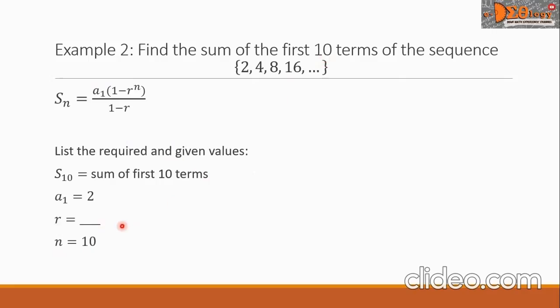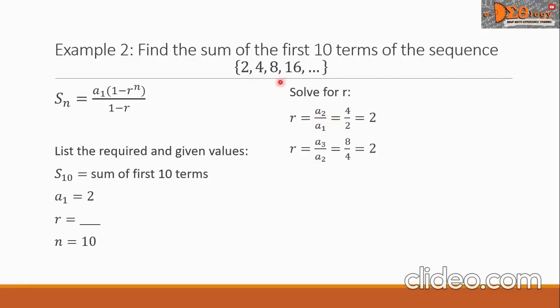So let us now solve for r using any two consecutive terms in our sequence. Let us also try to see if the r is common in any given consecutive pairs. Let's begin with a sub 2 over a sub 1. And this is equal to 4 over 2. And 4 over 2 is equal to 2.